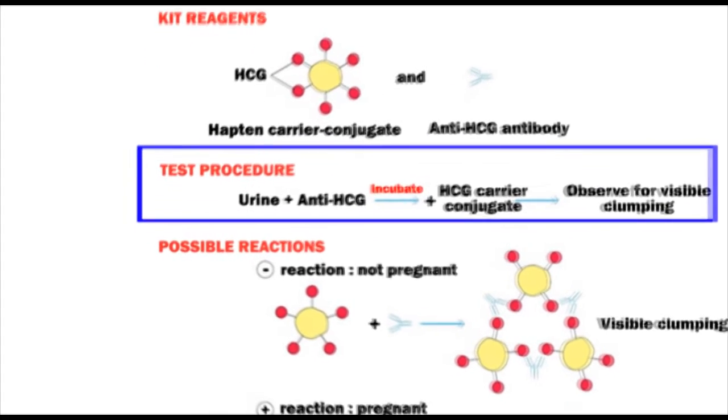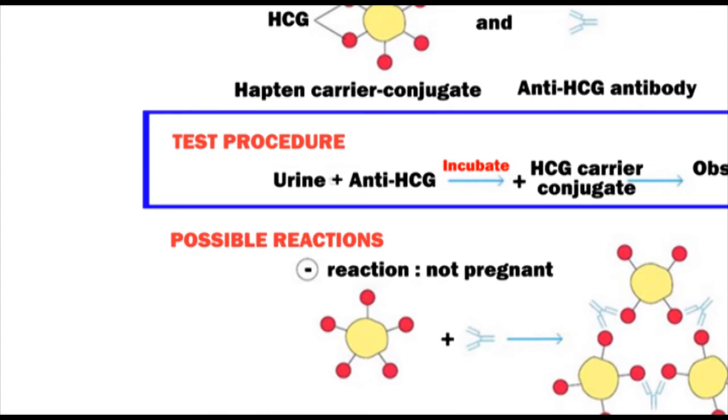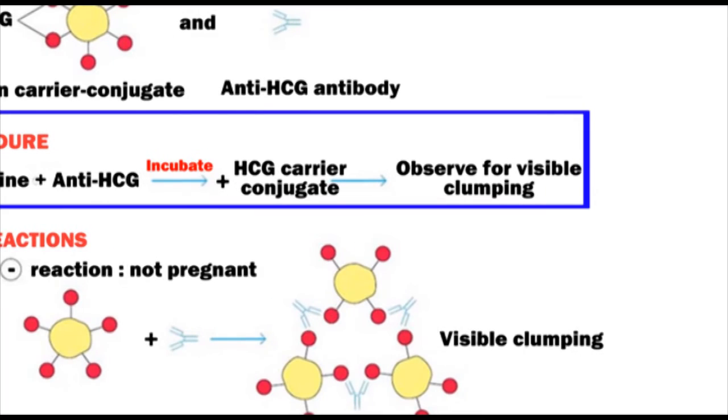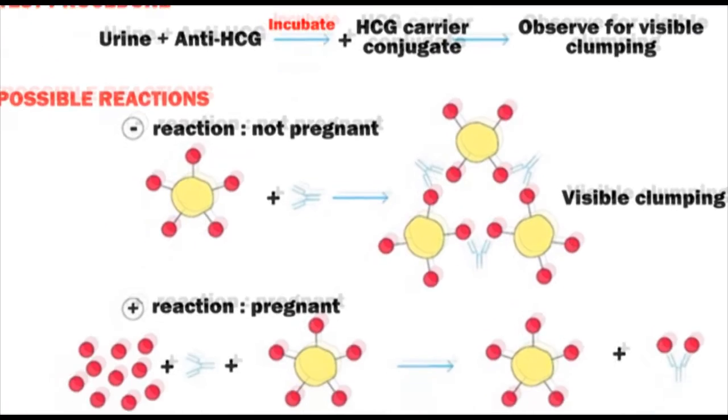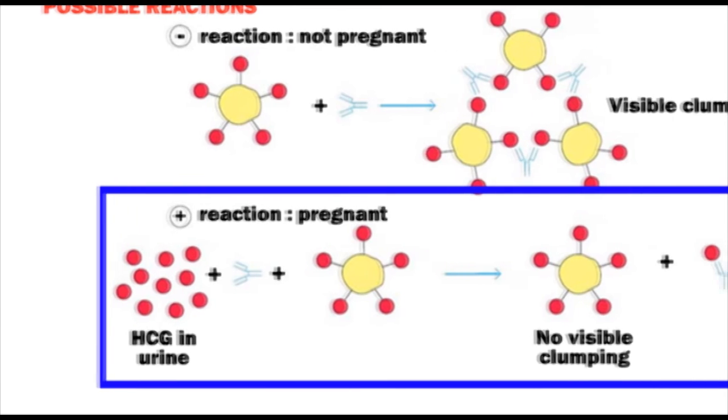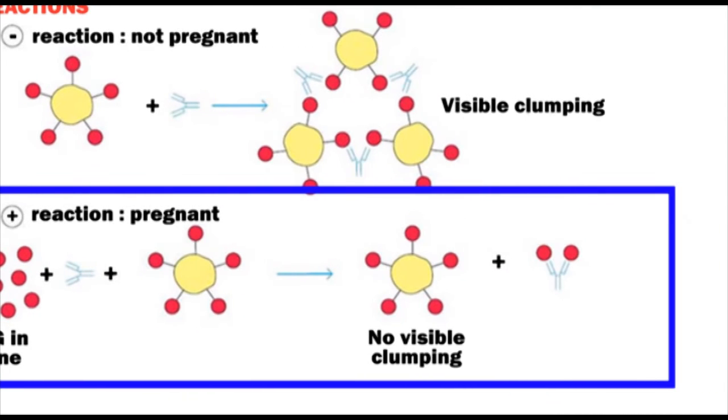Test samples like urine are first treated with specific antibodies and then mixed with the hapten-conjugate particles and observed for agglutination. If the test sample contains the antigen, it will bind to the antibodies and no agglutination will be observed.